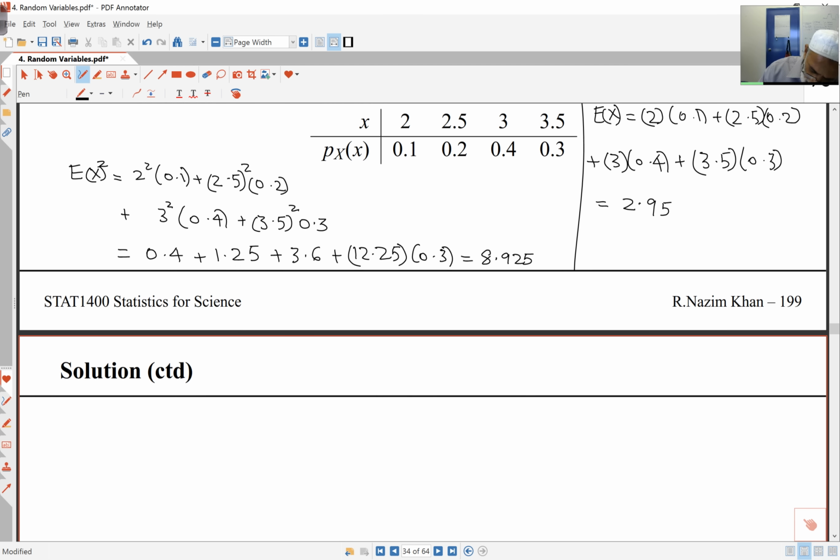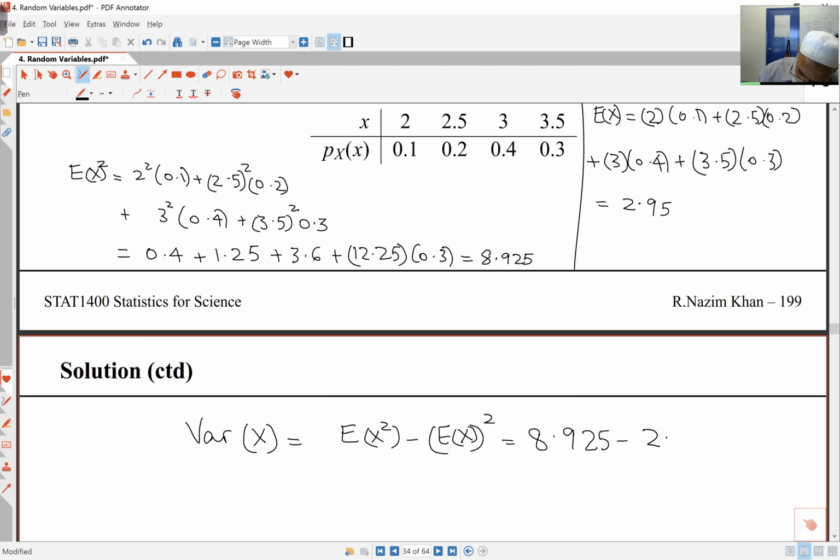So the variance over here of the time to complete this project is going to be E of x squared minus the mean all squared. So E of x squared was 8.925.